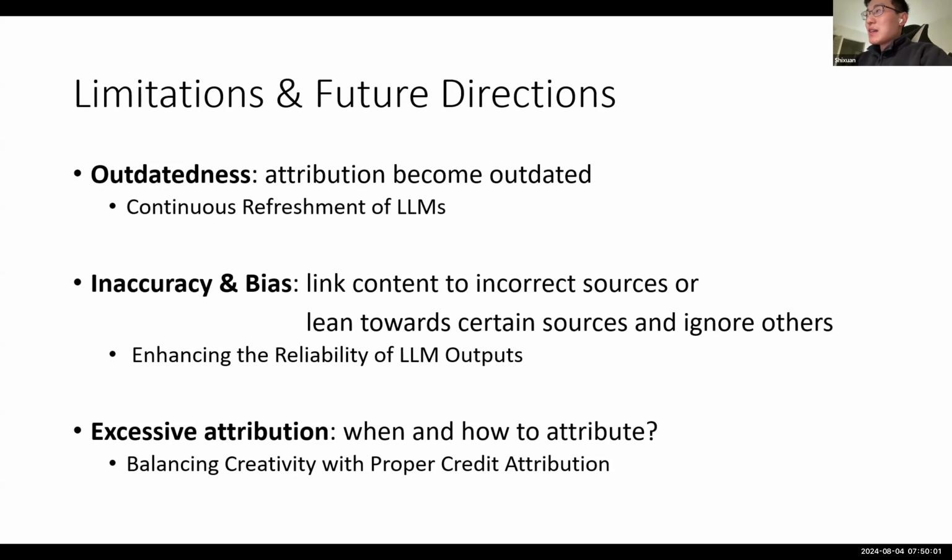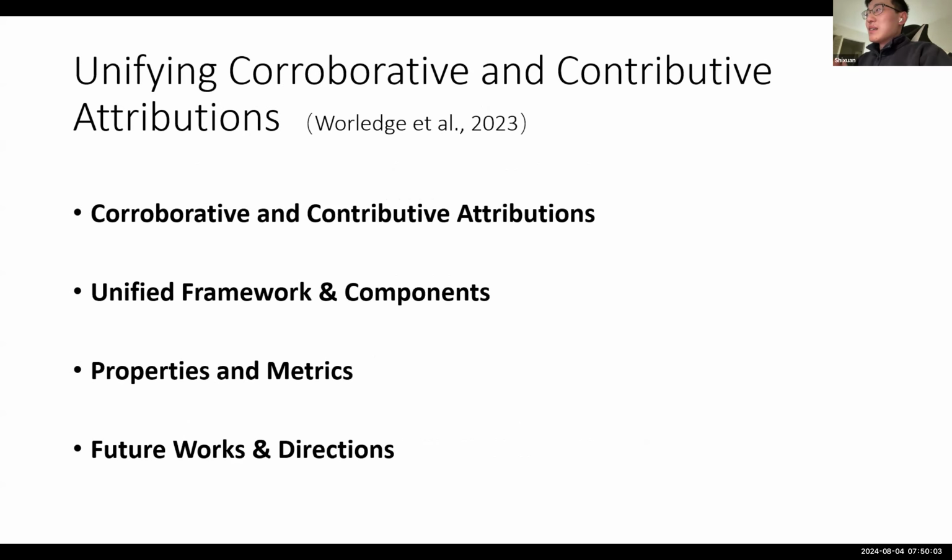So I think this is all about the first paper. And since we don't have a lot of questions, I will directly proceed to the second paper, which is called Unifying Corroborative and Contributive Attributions.